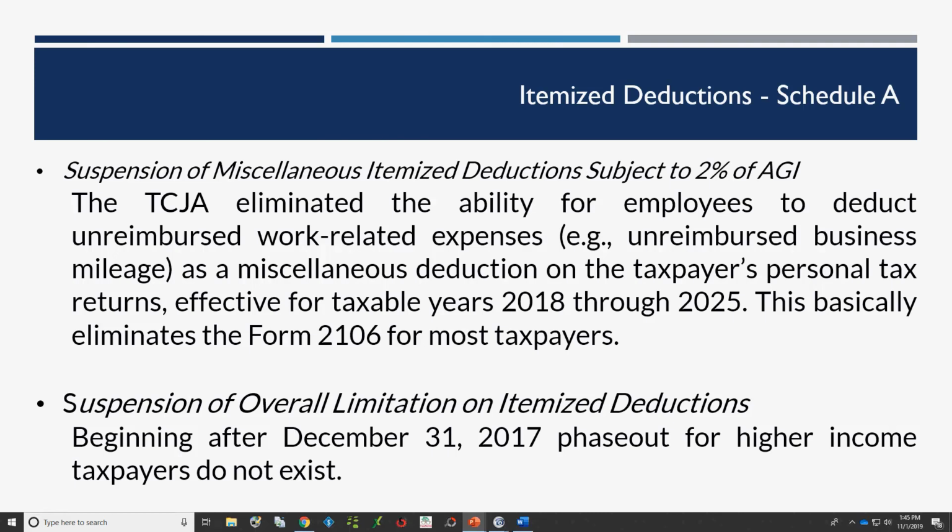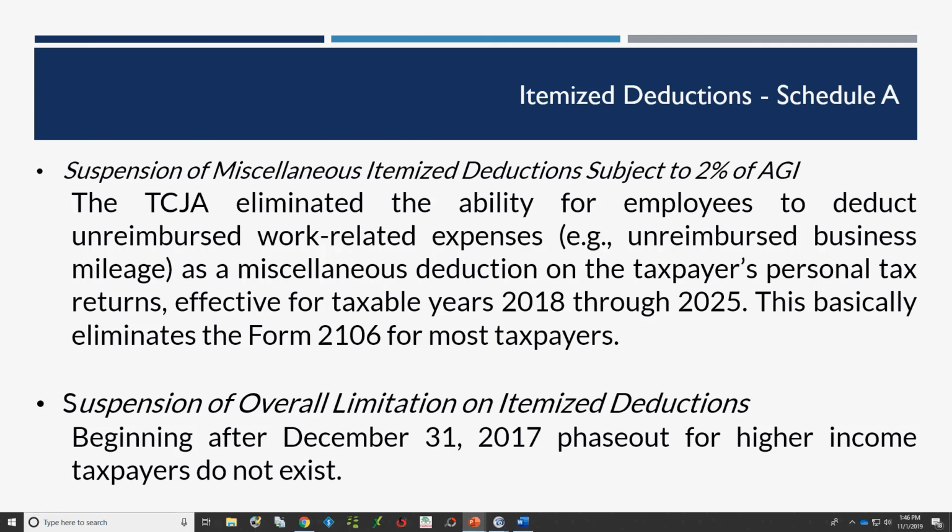Example, unreimbursed business mileage as a miscellaneous deduction for taxable years 2018 through 2025. This basically eliminates the Form 2106 for most of your taxpayers, if not all of them. So those unreimbursed employee expenses are eliminated until 2025.